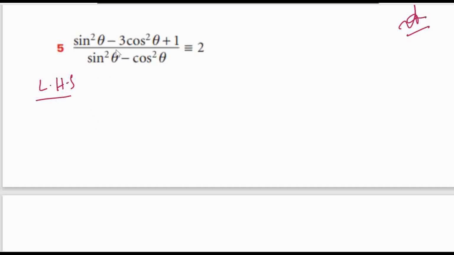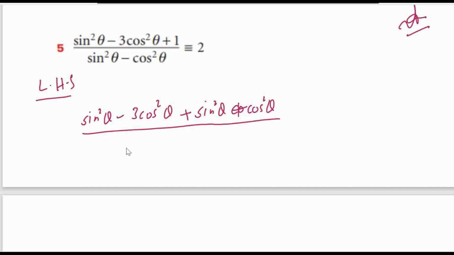We have to remove the sine square and cos square. So what we have to do is we can write this one as sine square theta minus 3 cos square theta plus 1. Now we can replace 1 with what? With sine square theta plus cos square theta, whole divided by sine square theta minus 1 minus sine square theta.